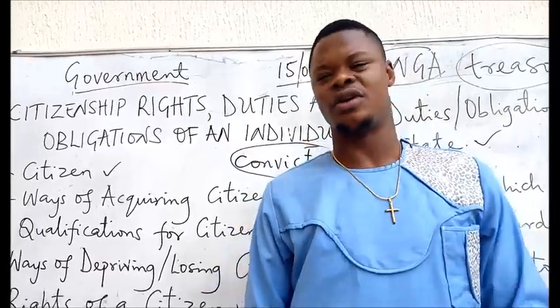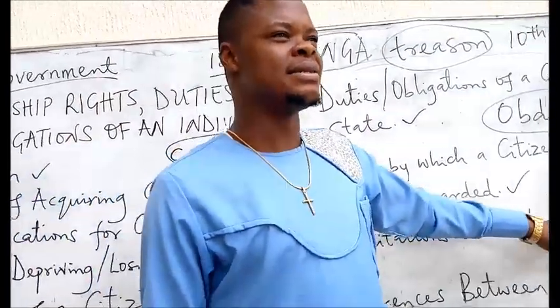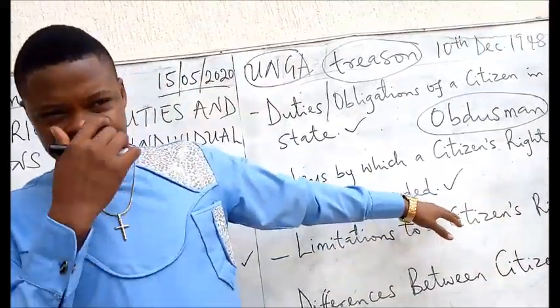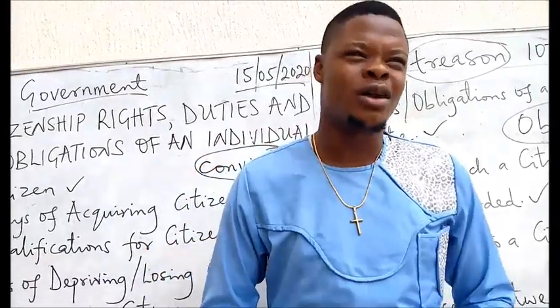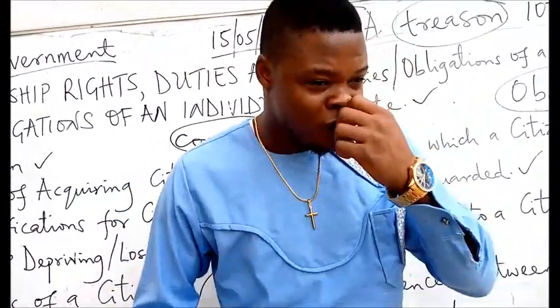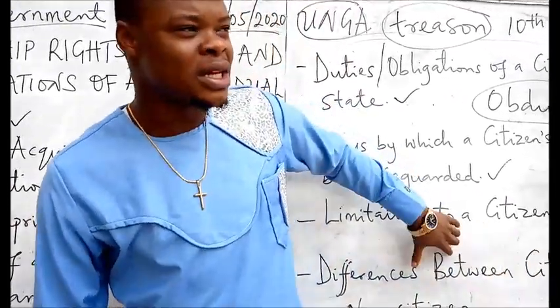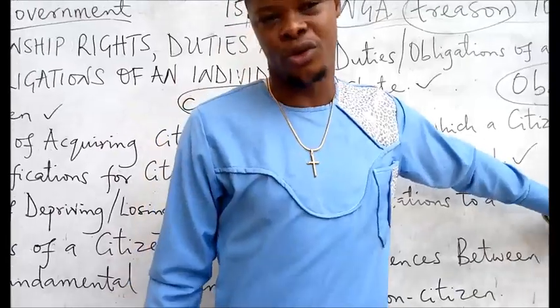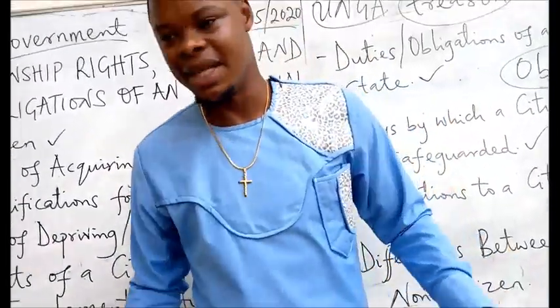So another limitation to a citizen's right is the death sentence. Just like I just said, a competent court of law finds you guilty of an offense and your death sentence is passed on you, you see that your right to life is already limited.